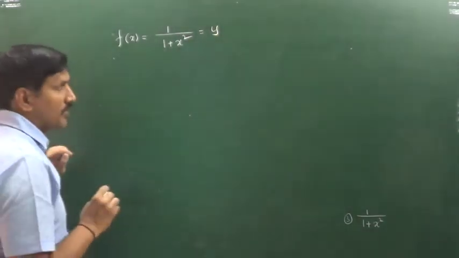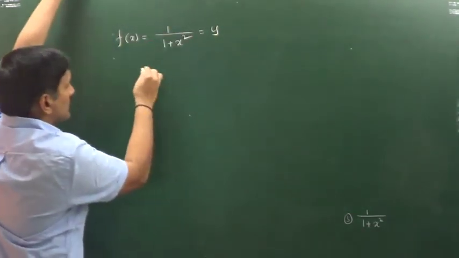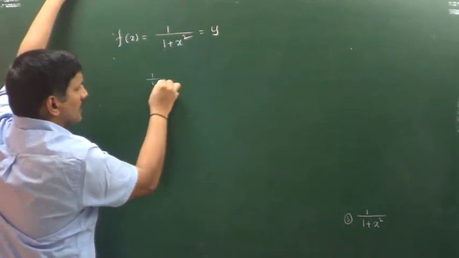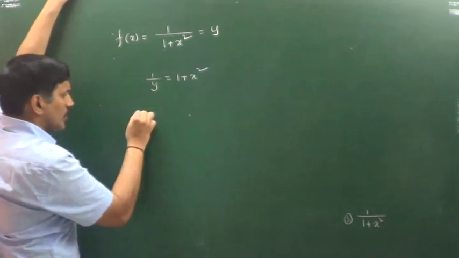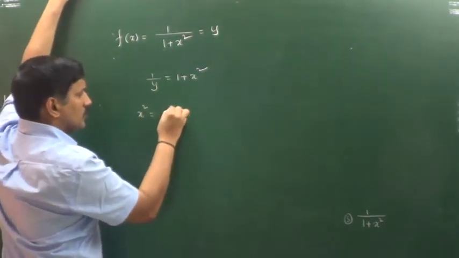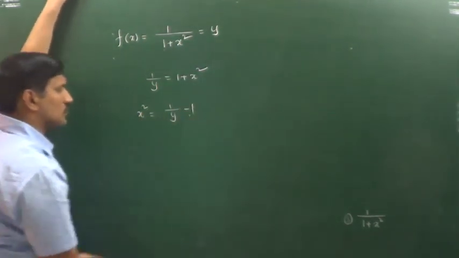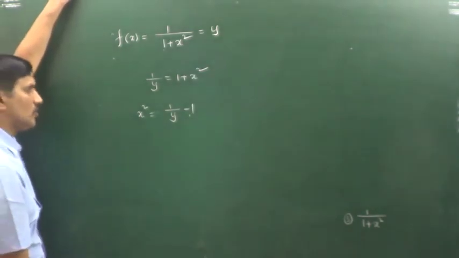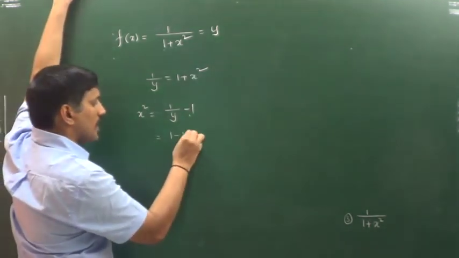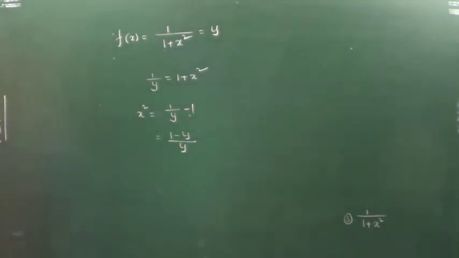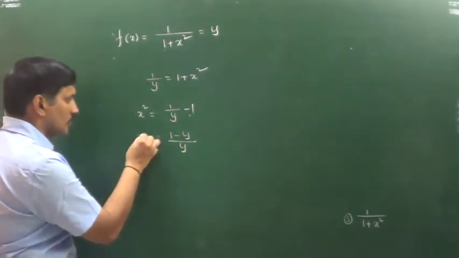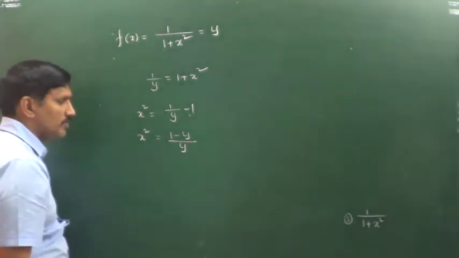This can be written as 1 by y is equal to 1 plus x square. Therefore we will get x square is equal to 1 by y minus 1. Now this is equal to 1 minus y divided by y. Agree or not?